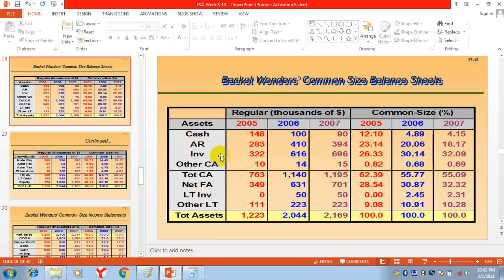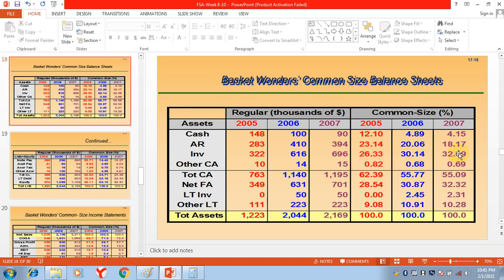The third thing is inventory. It was 26%, then it goes to 30%, then it goes to 32%. Inventory is increasing, which is not a good sign. It is showing that our sales department is not making efforts to sell the inventory quickly.